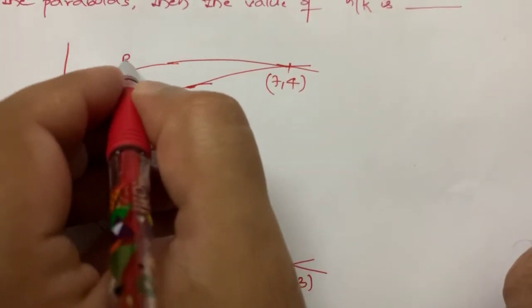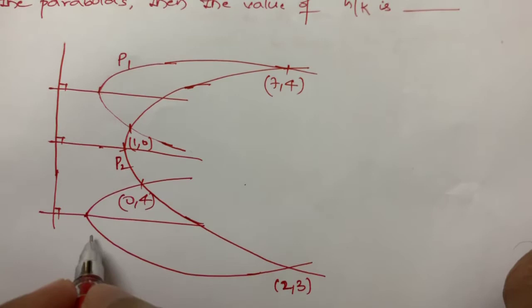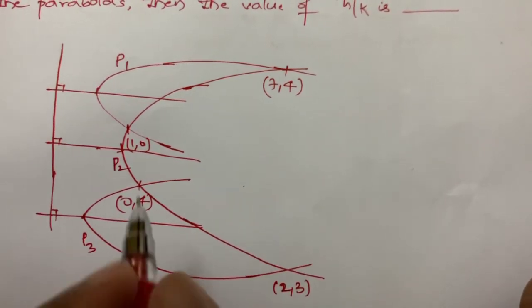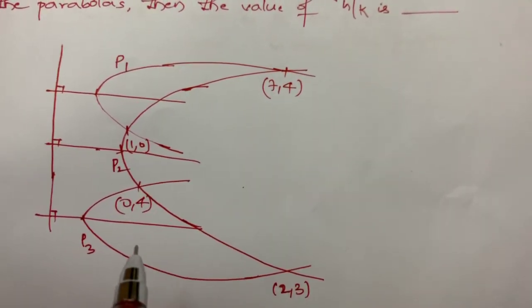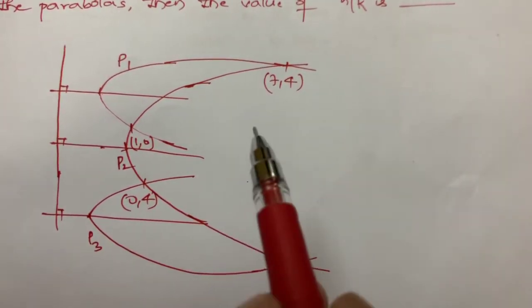So this is parabola 1, this is parabola 2, this is parabola 3. We are drawing a rough diagram, not exactly to scale.